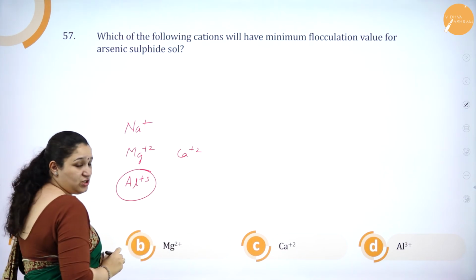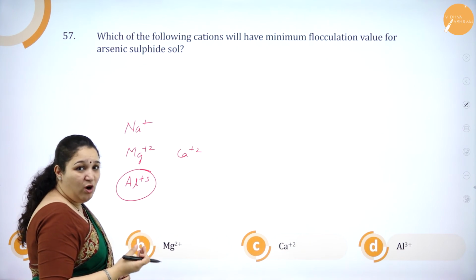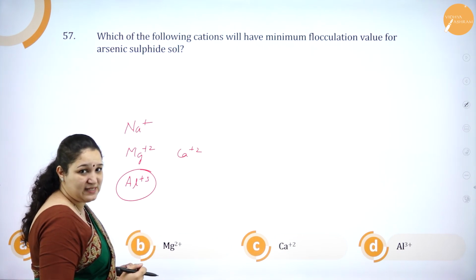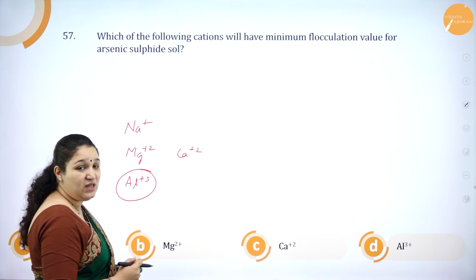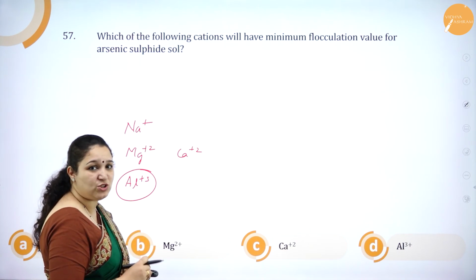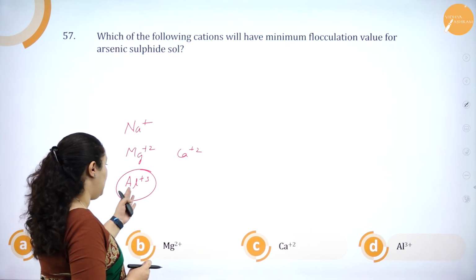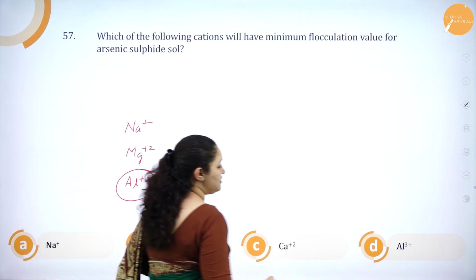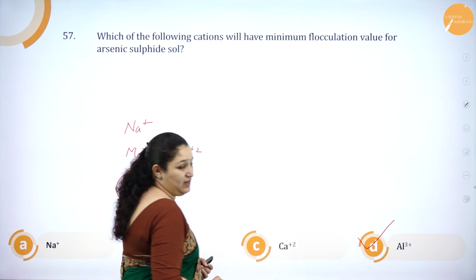The higher the charge, the smaller the amount of electrolyte required for flocculation, isn't it? Thus, which will be required in a very small quantity for flocculation or precipitation to occur? That is the one with Al plus 3. Thus, the answer is Al plus 3.